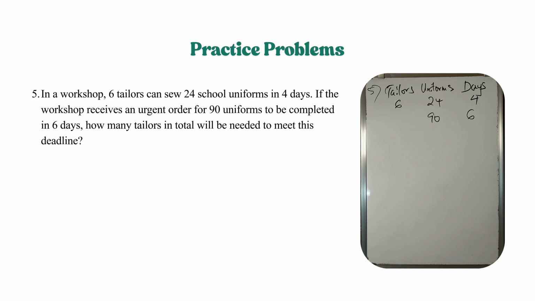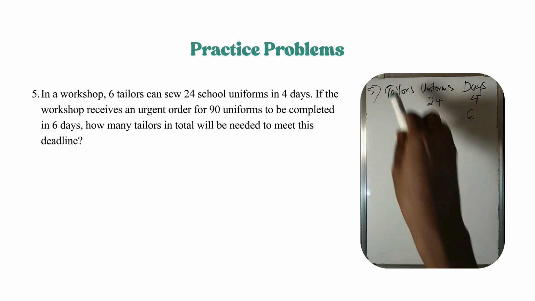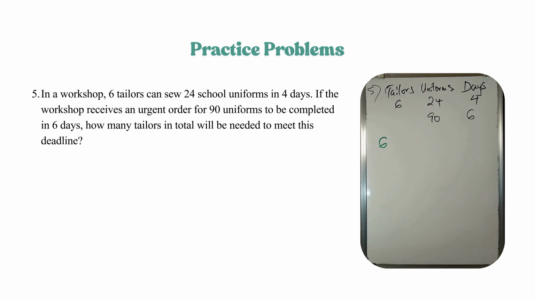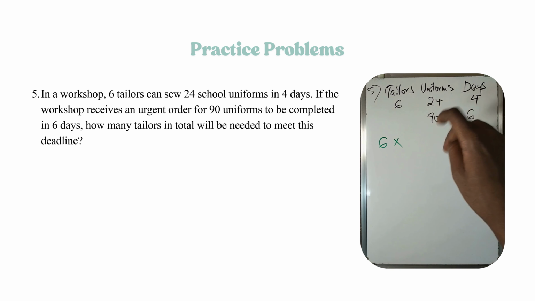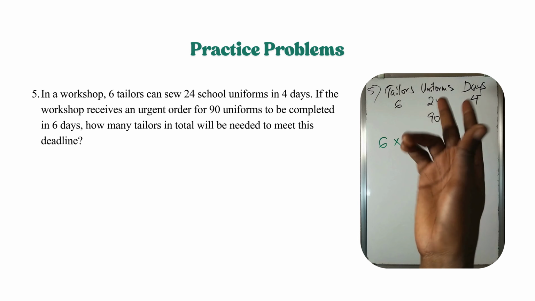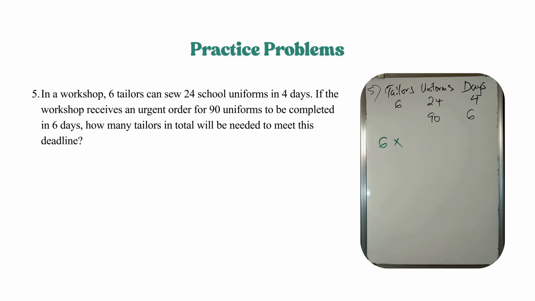It's time now to apply our common sense. We'll be comparing the known variables with the unknown. So the first thing is we have 6, then times. Now we want to know if we'll keep this one as 24 over 90 or 90 over 24.